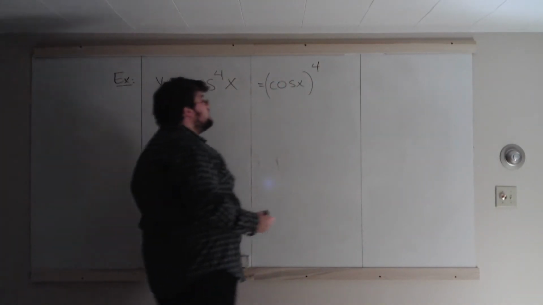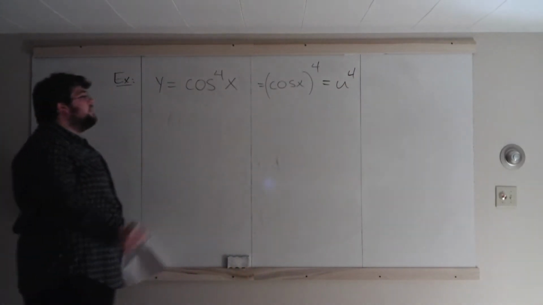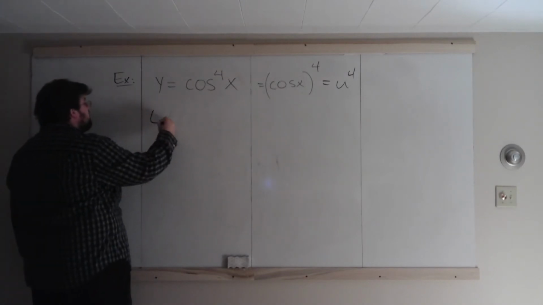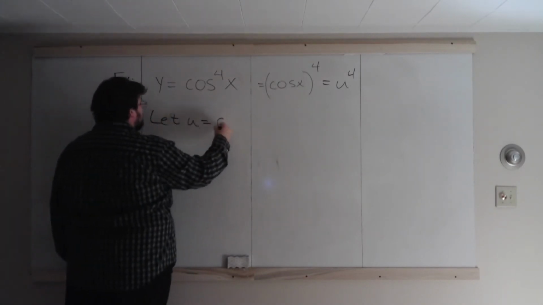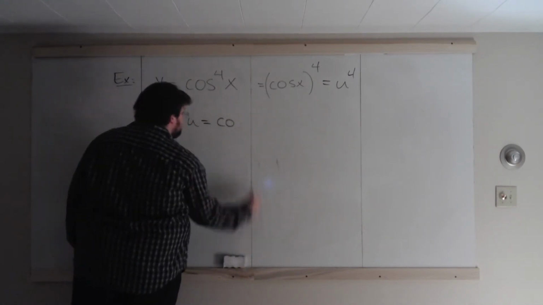And if we want the derivative, well, we can write that function to the 4th power as u to the 4th by letting u equal cosine of x.